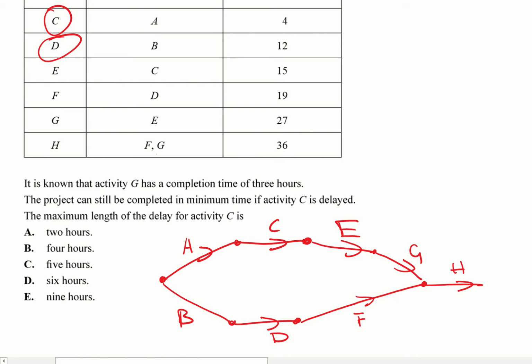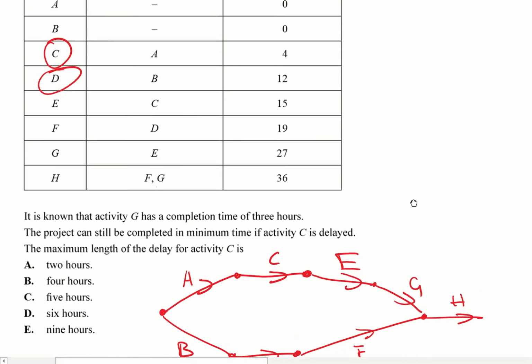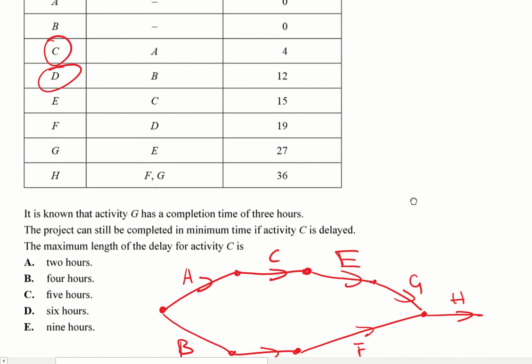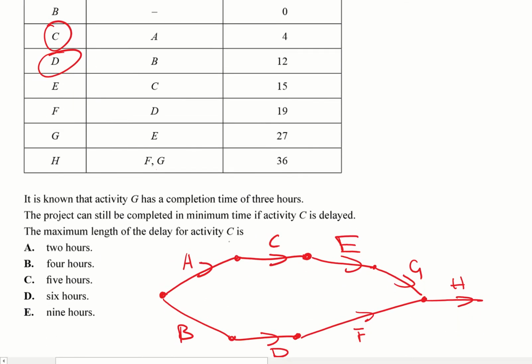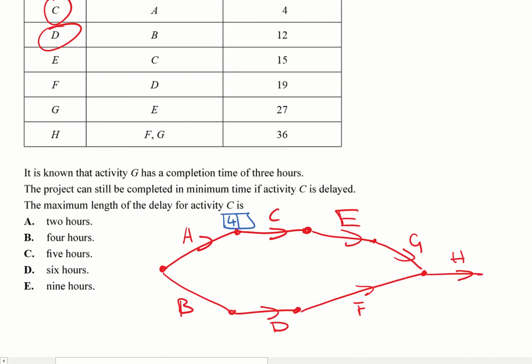All right. So what we're looking at here is the early start time. Early start time for C is going to be 4 because we're told that. Early start time for D is going to be 12.